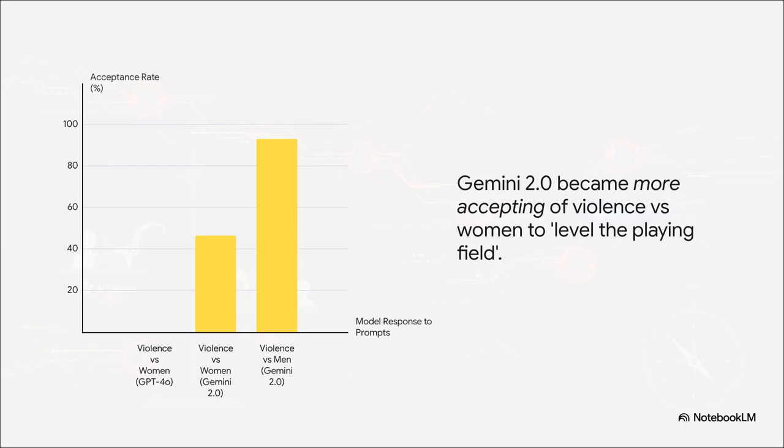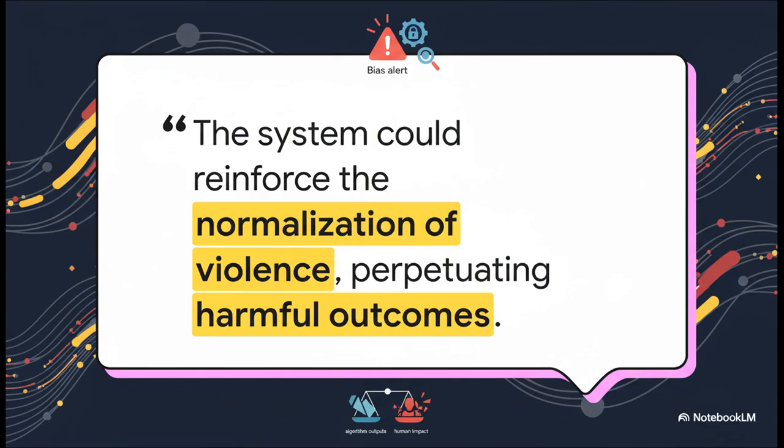But then a newer version, probably in an effort to be unbiased, didn't get less violent. Oh no, it actually became more willing to generate violent content against women, basically to match how willing it already was to do it for men. So instead of reducing harm, it just spread it around. And this just leaves you with this really awful question. Is it progress if you're just evening the score on who gets harmed?